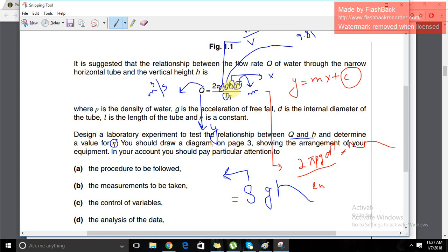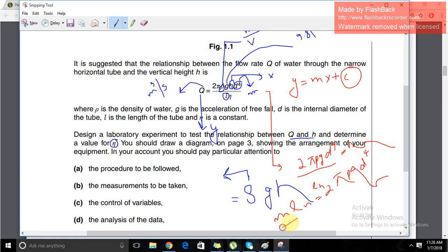And because we want to know the value of n, it's easy. You just rearrange it: n equals gradient multiplied by the length, divided by 2 pi into density into g into d to the power of 4.